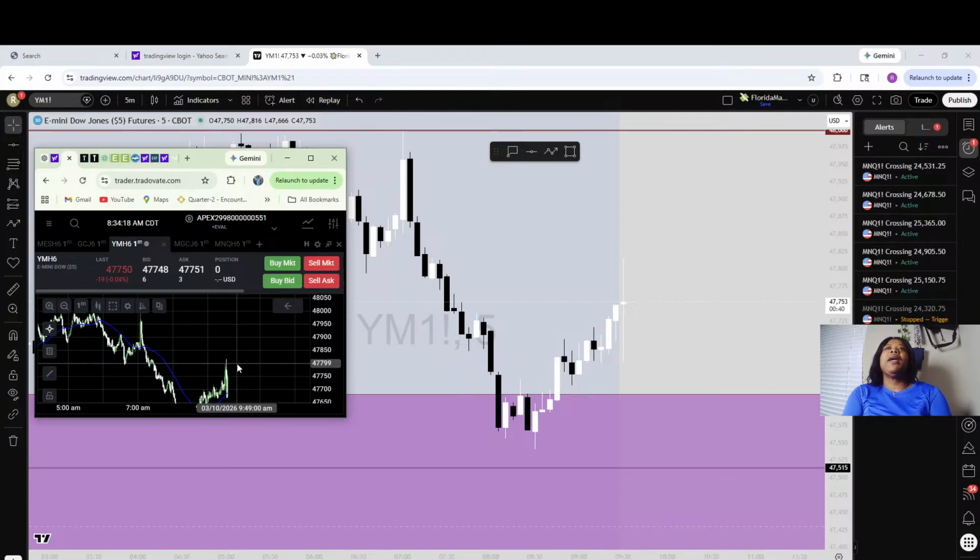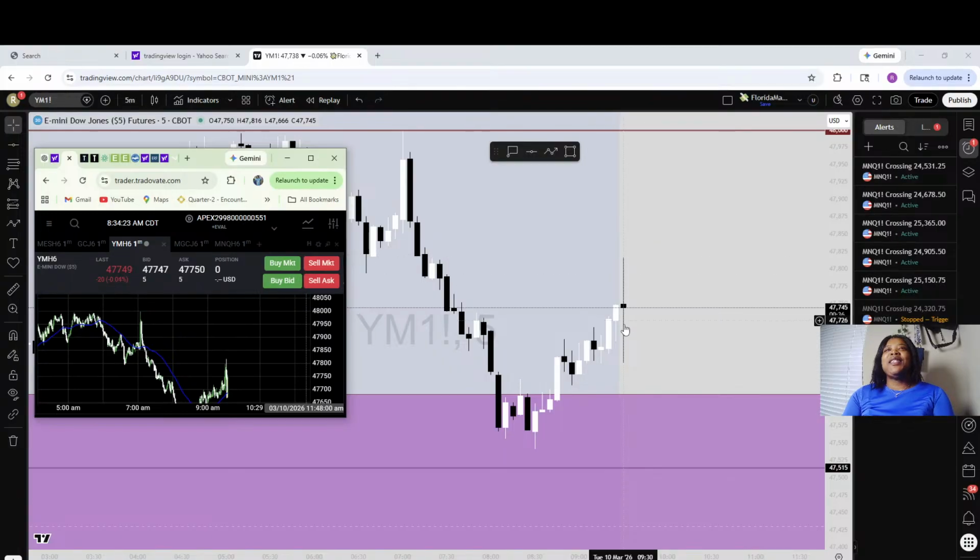You can see how the market has been going up and down. This 5 minutes candle is so indecisive. It has gone up, come down. Can you imagine if you jumped in right away when the market opens? I remember a time when I used to just jump in as the market opens and see the candle moving. I would just jump right in, not even knowing what direction we're going. But this candle is indecisive. It's just been going up and down.